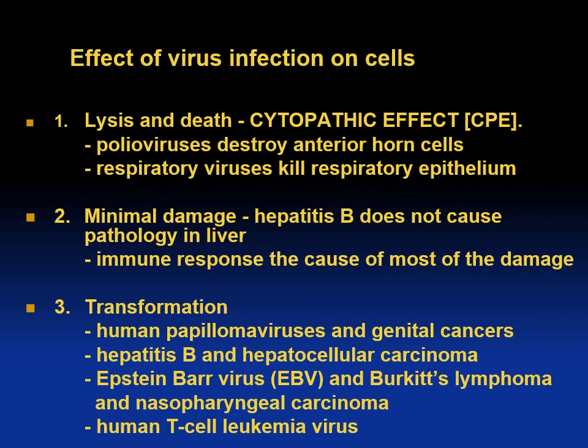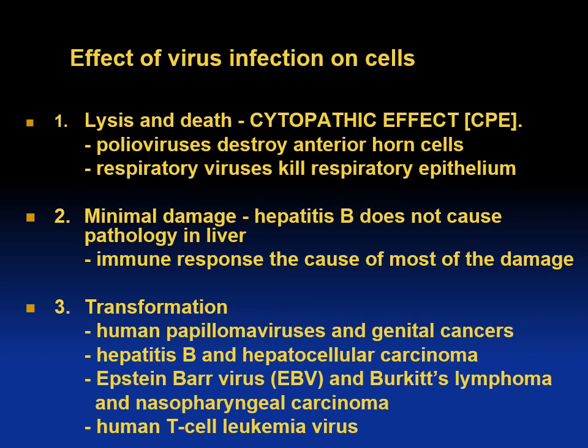Either the cell is lysed and death occurs due to the cytopathic effect, as in the case of poliovirus, which usually destroys the anterior horn cells, or in the respiratory cells, where viruses tend to kill the respiratory epithelium, or there is very minimal damage, as in the case of hepatitis, which does not cause any pathological harm to the liver, but the immune response in this case would lead to the damage of the cells.